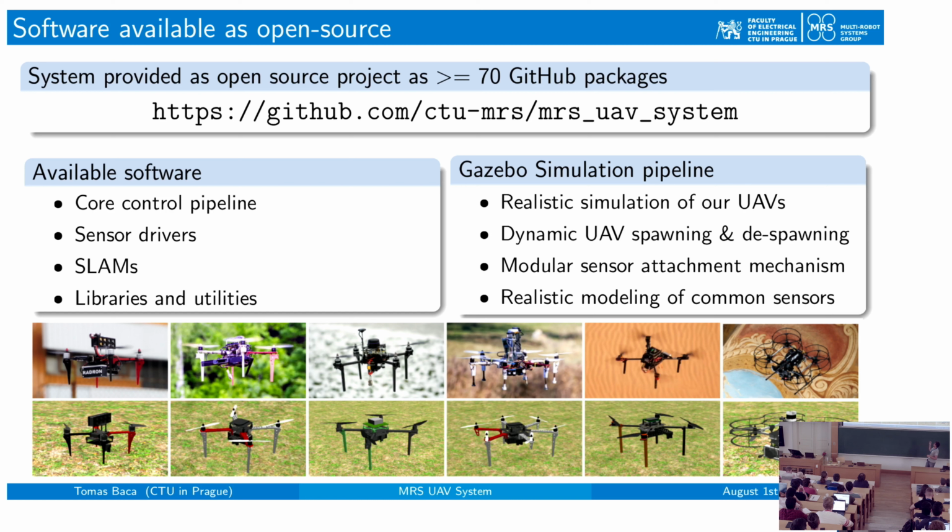Those are the drones which we typically use in the MRS lab, from the smallest one, which is the F330, F450, this is the Holybro, this is the F550, Tarot, and this is the Naki drone.